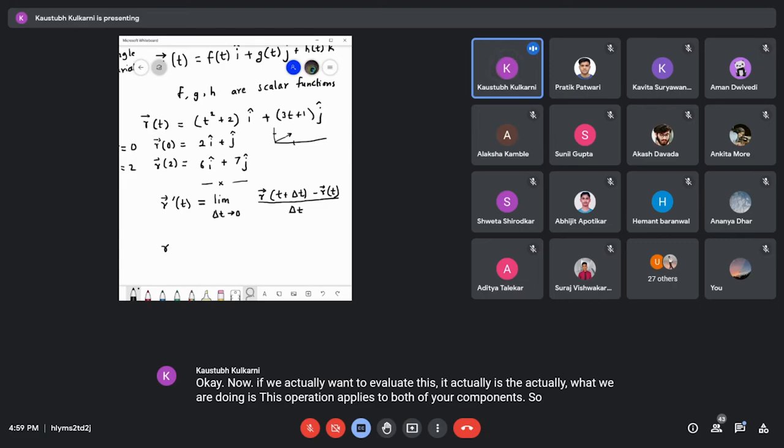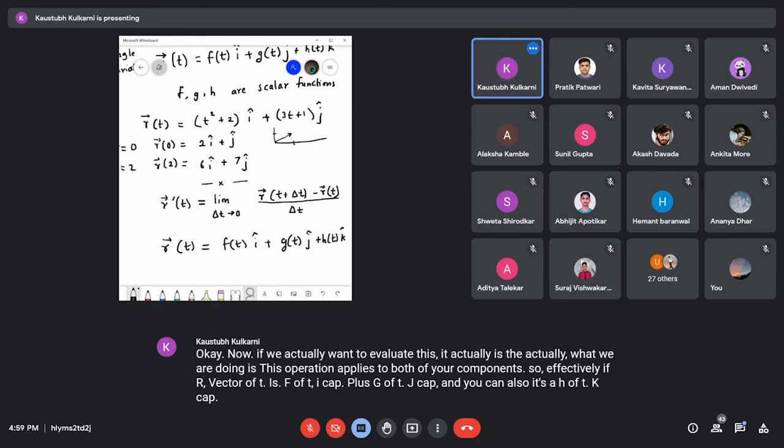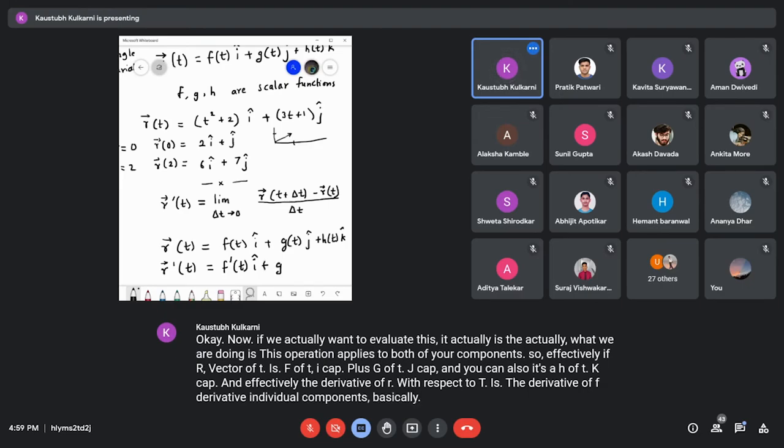So effectively, if r vector of t is f of t i cap plus g of t j cap, and you can also let's say h of t k cap, then effectively the derivative of r with respect to t is the derivative of individual components basically, f dash of t i cap plus g dash of t j cap plus h dash of t k cap.